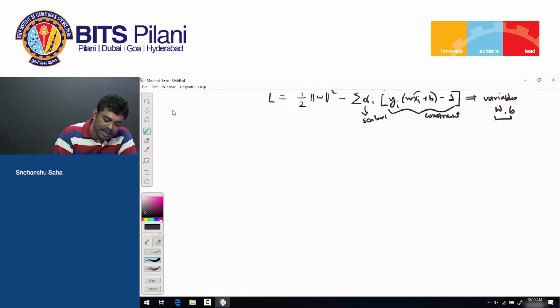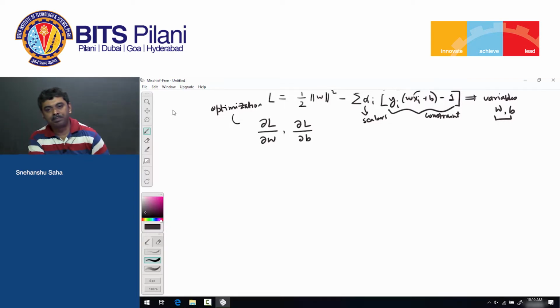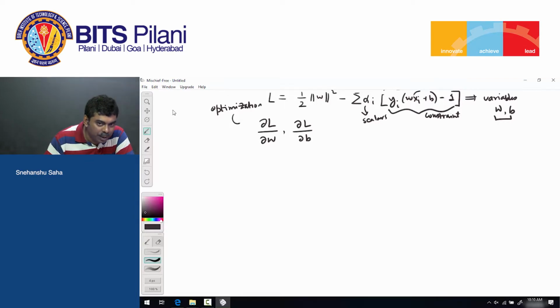So when you do the optimization, you do two things. You compute the partial derivative with respect to W, and you compute the partial derivative with respect to b. That is exactly what we are going to do.